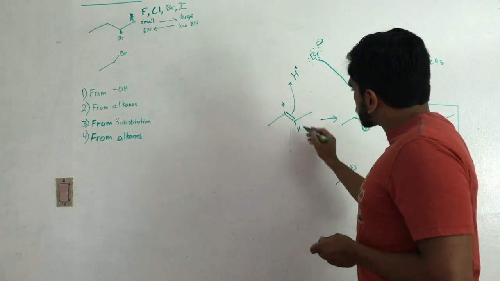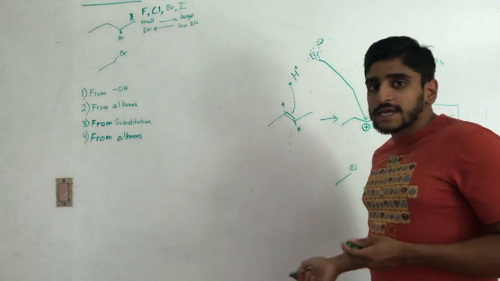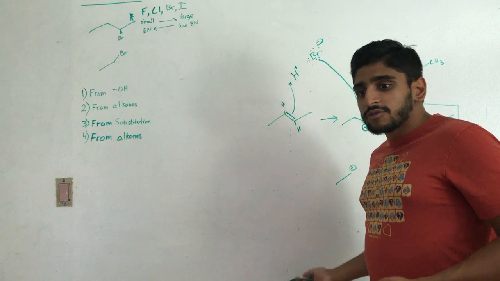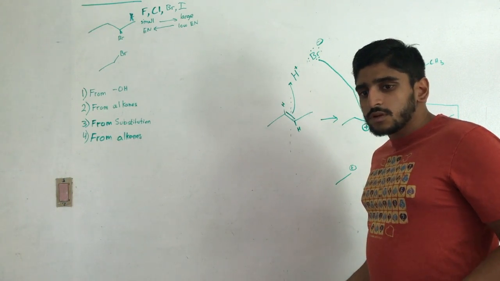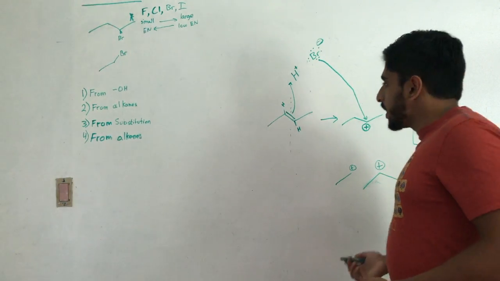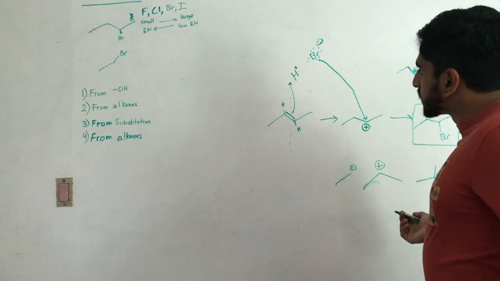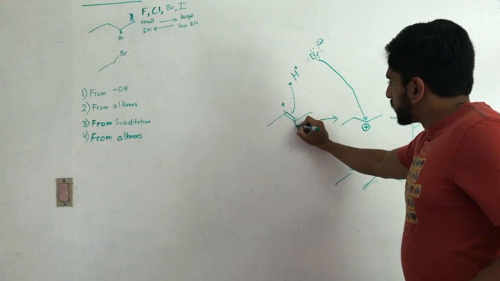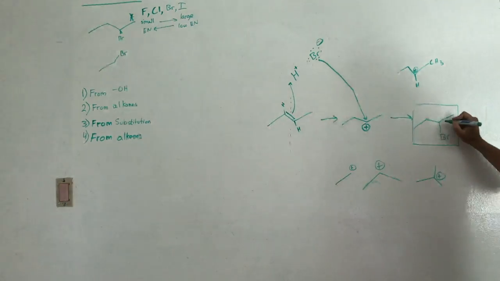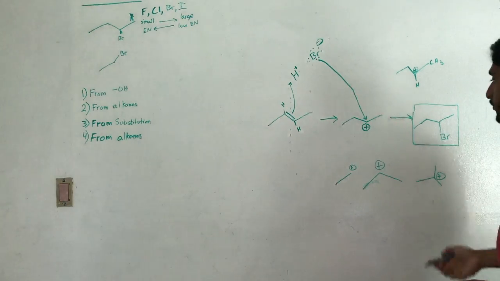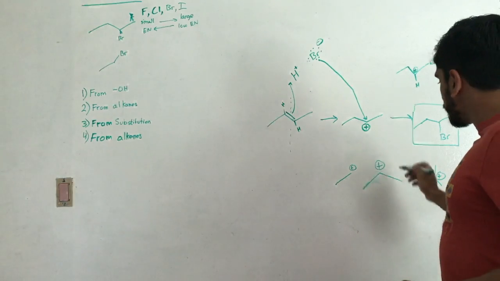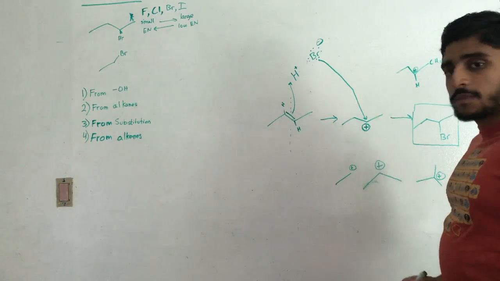However, in this case, both of these carbons are exactly identical to each other. Both of them are secondary carbocations. And so what that means is that even if you add it to here or to here, you're still going to end up with this compound. And most importantly for this context, both carbocations are equally stable.